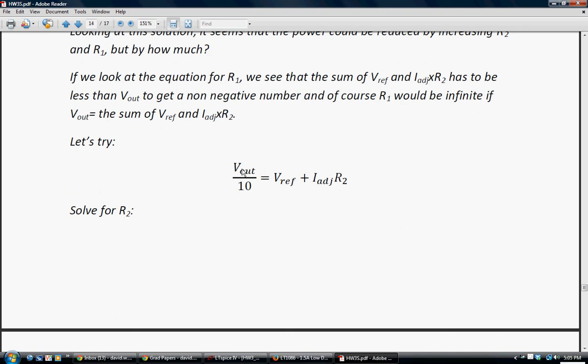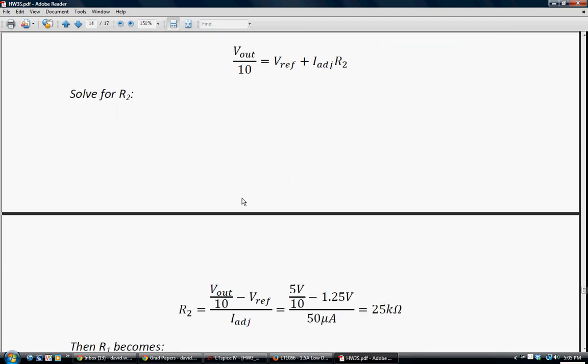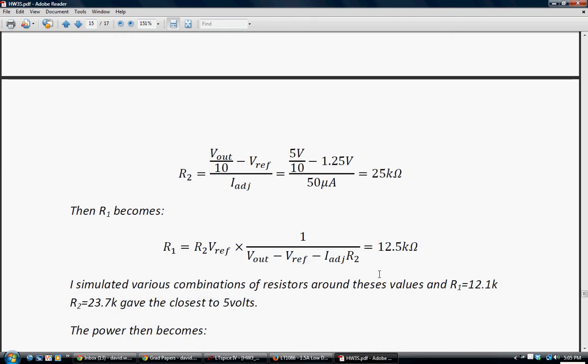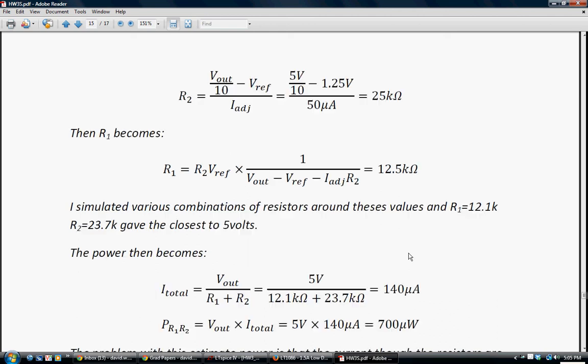I didn't know if this was going to work or not, but I said, hey, if Vref plus I adjust times R2 is 10 times less than Vout, I can solve for R2, get 25 kiloohms, meaning that's probably the biggest R2 I can get away with, then solve for R1 at 12.5, I should get a reasonable solution.